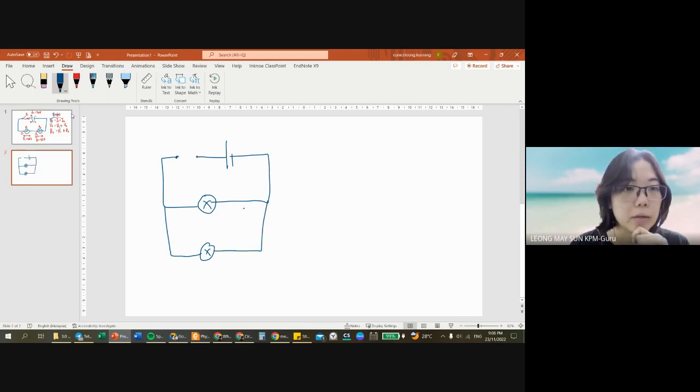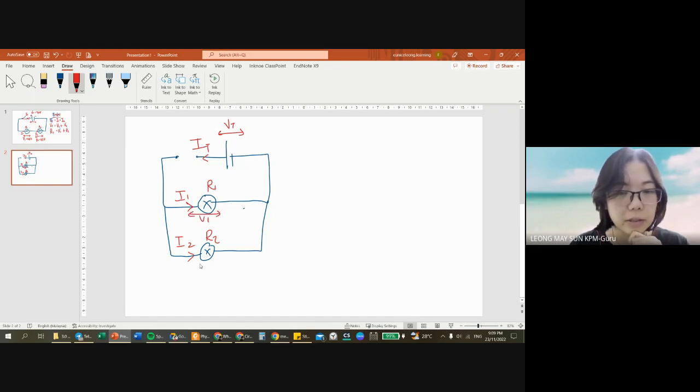So this is my V total, the current coming out from the power supply. This is my resistor R1, my resistor R2. The current entering resistor 1 is I1. Current entering resistor 2 is I2. The potential difference across resistor 1 is V1. Potential difference across resistor 2 is V2. So I'm going to measure the current and the potential difference.